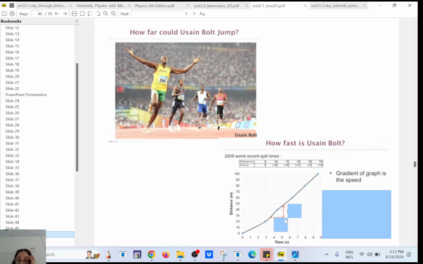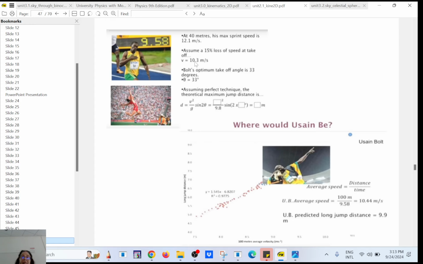So 20 divided by 1.5? 13.3, about that. That will be his speed, which is very fast. But actually 12.1 is his speed, over 40 meters. So 12.1, the speed of Usain Bolt.